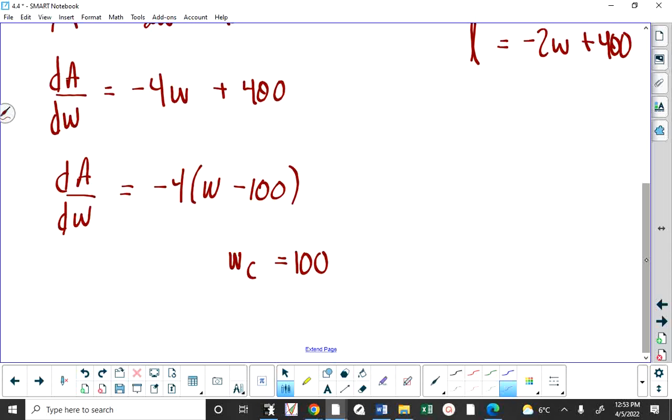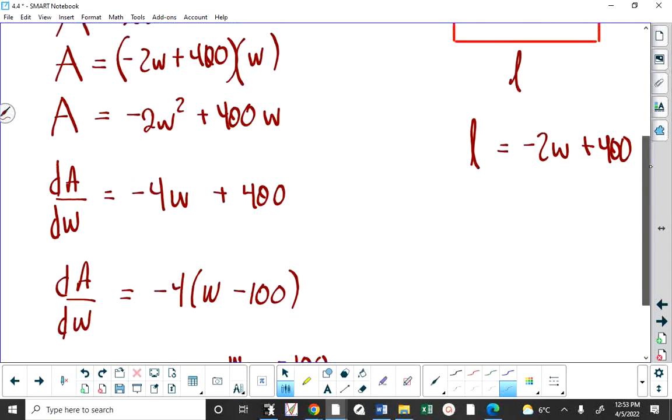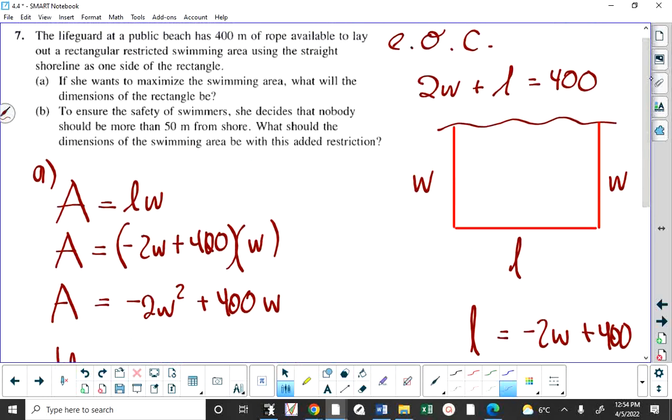And that leads you to the answer to A. The maximum area will be when you have, so A is the green stuff, 100 and 100, and I guess that leaves 200 here. Am I right? Okay. So now what do we do with B?